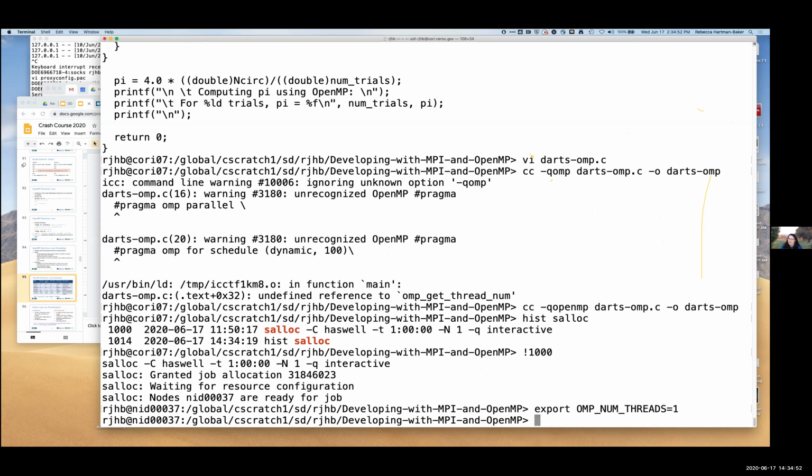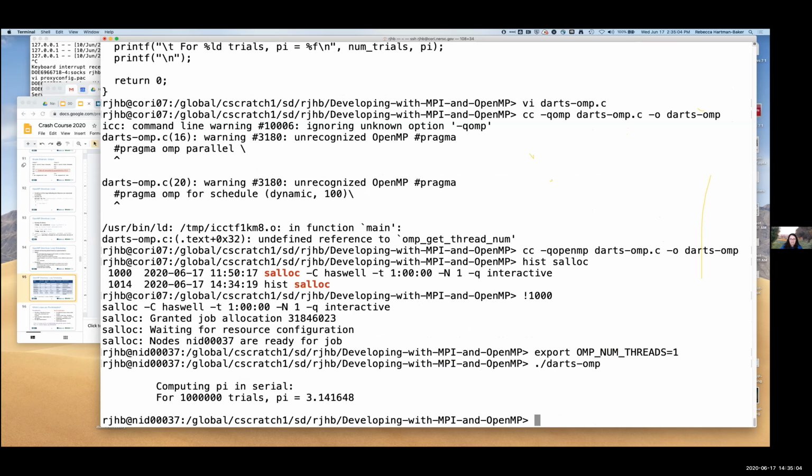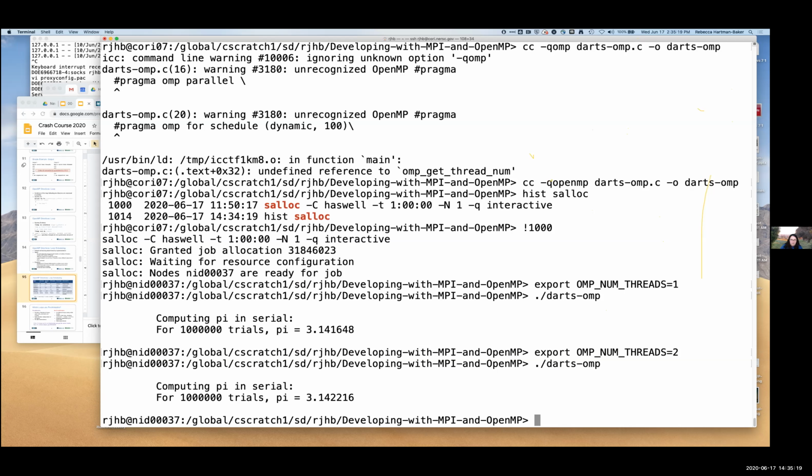When we're running an OpenMP code that does not have MPI in it, we don't actually need to use srun. So darts_omp. Oh, hey, look at that. We got the right answer. Okay, with 1 thread. Shall we try 2? Let's go for glory here. 2 threads. Okay. Ooh.